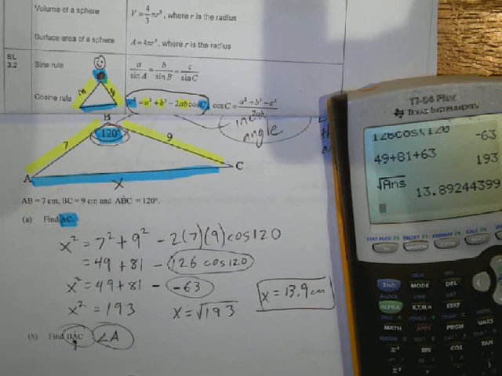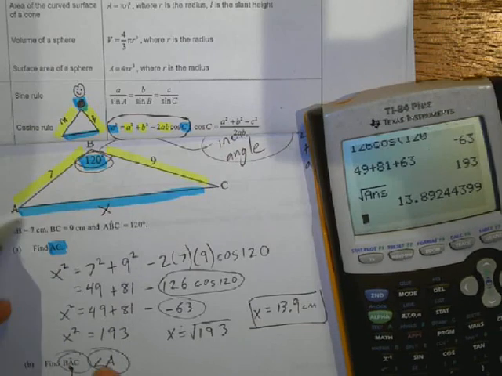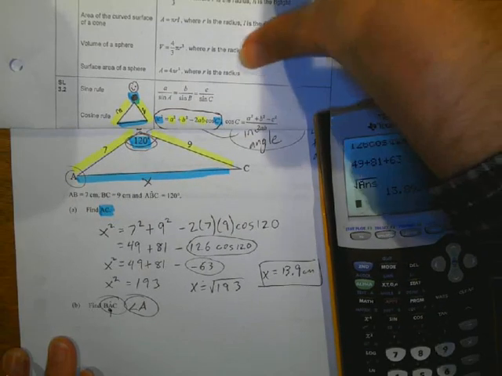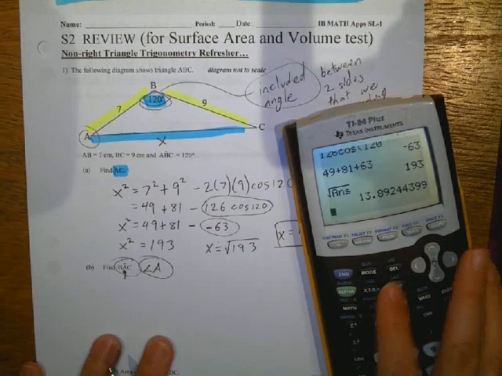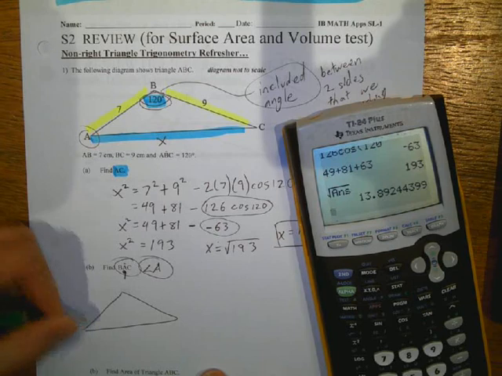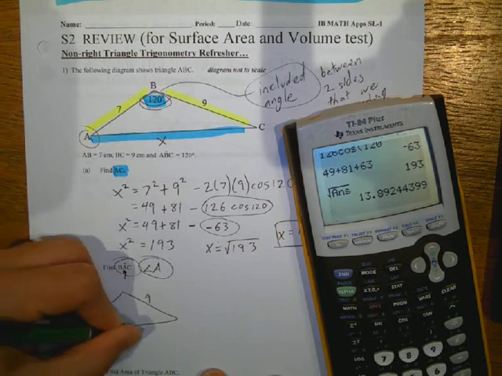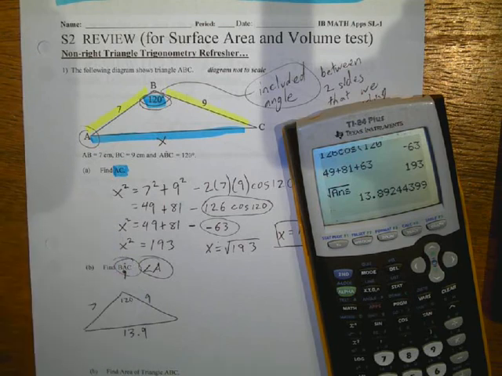We put the three letters in case there's all kinds of other lines all over the place, but if it's only the three sides, we're basically dealing with angle A. Okay, so I'm going to redraw the triangle here with the information that we know now. We know this is 7, 9, and 13.9. We know that's 120. We're trying to find angle A.